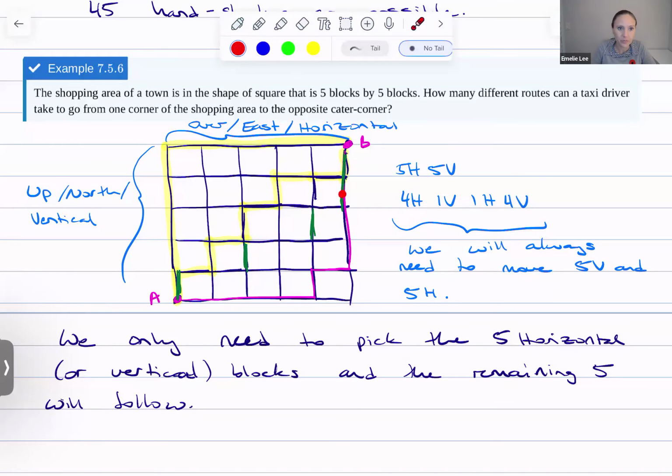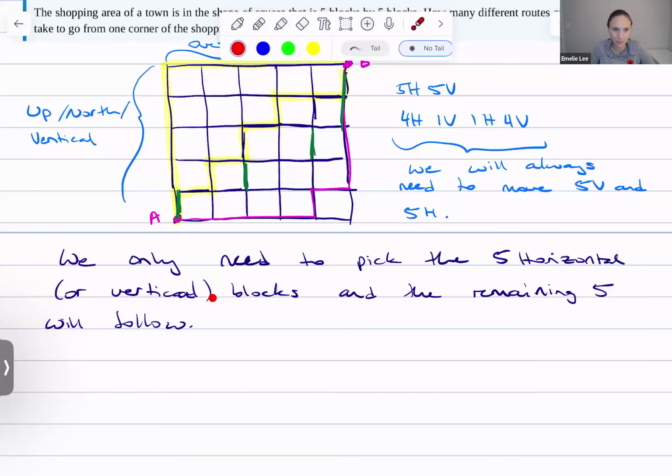Here, this segment, right? Then it predetermines that I need to move these horizontally. And if I want to move from here to here, these guys, then of course I need to use this segment here. Okay. And so that's kind of neat that we only need to pick the 5 horizontal or 5 vertical, it doesn't matter, blocks, and then the remaining 5 will follow.